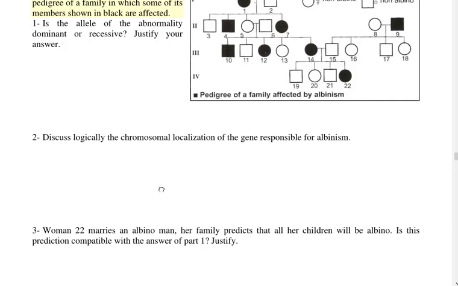So 22 is an albino, and she married an albino husband. Their prediction is compatible with the answer of part 1. They expected that all of the children will be albino. Is this correct? Yes.